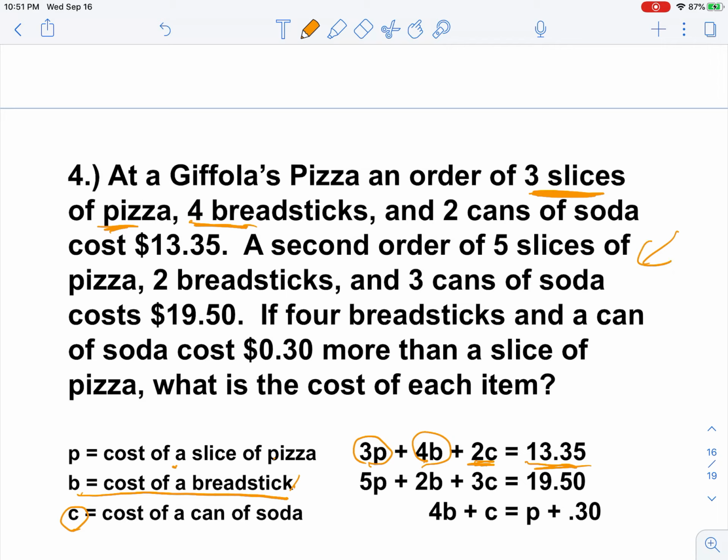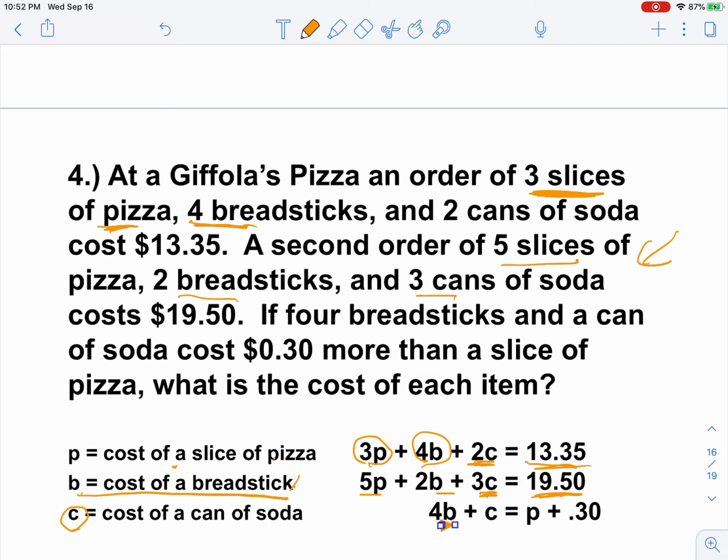We're going to write a second equation from the second sentence. 5 slices, 2 breadsticks, 3 cans of soda: 5 times the cost, 2 times the cost, 3 times the cost of a can of soda is $19.50. And I think the toughest equation to write is the last one. It says 4 breadsticks and a can of soda.